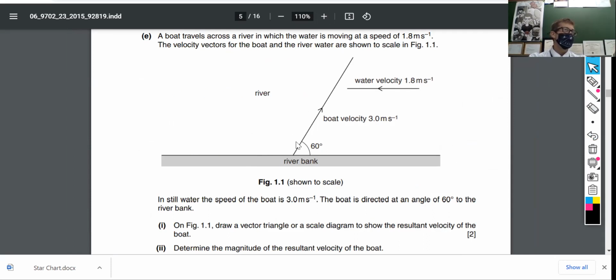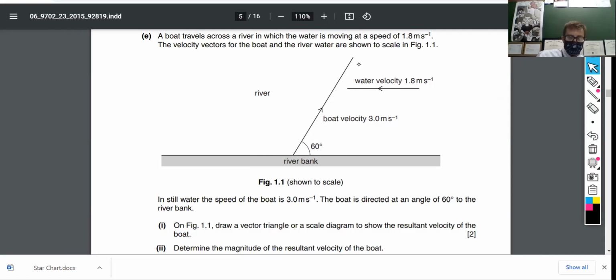So we have to resolve this vector and realize that if the boat leaves the riverbank this way, maybe the boat captain was hoping, well, I need to cross the river, but because the water is pushing me this way, I'm going to head off in that direction. All right. So we need to solve the magnitude of the resultant velocity of the boat.